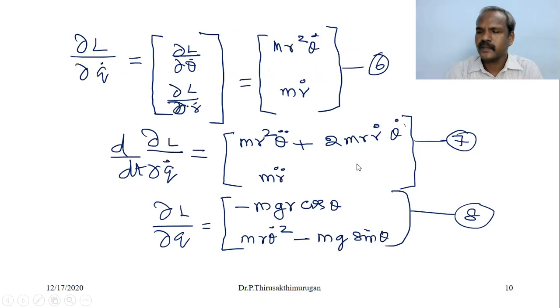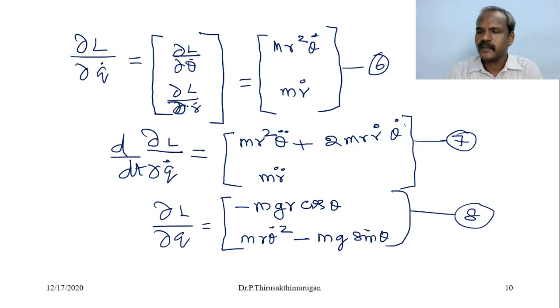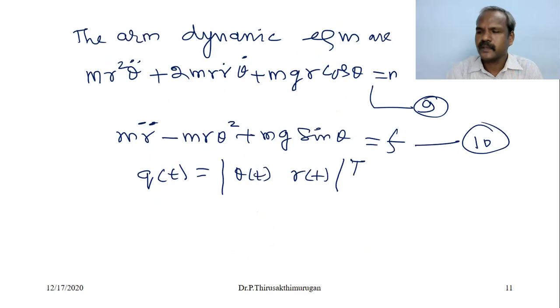These equations are taken from here: m r squared theta double dot, m r double dot, and so on.